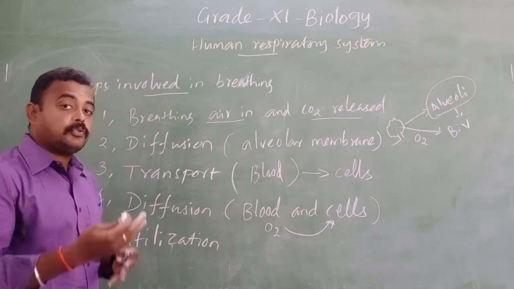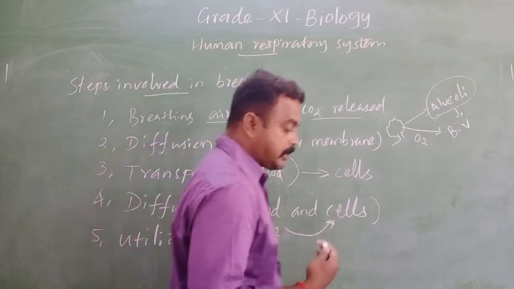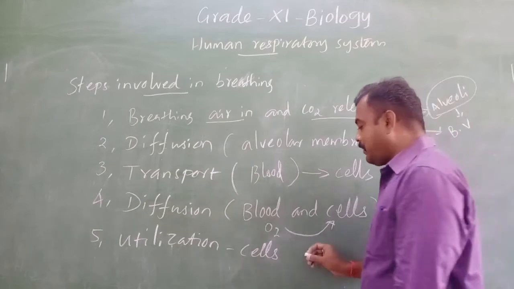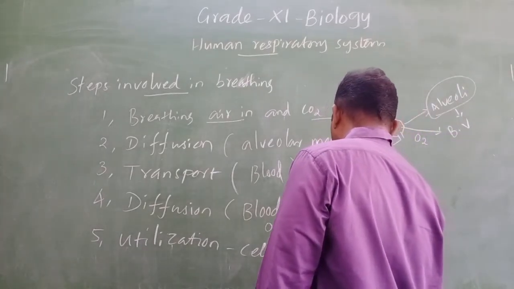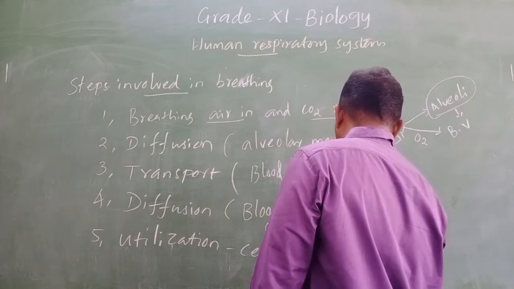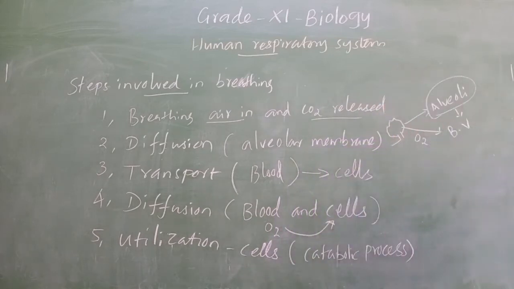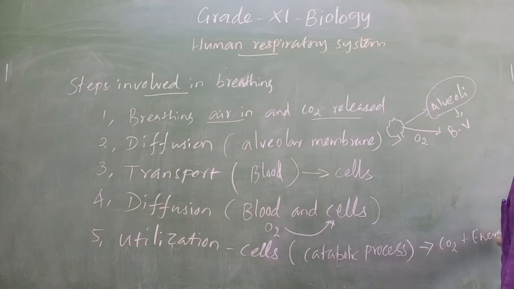The cells utilize oxygen in the catabolic process. In the catabolic process, carbon dioxide and energy are released.